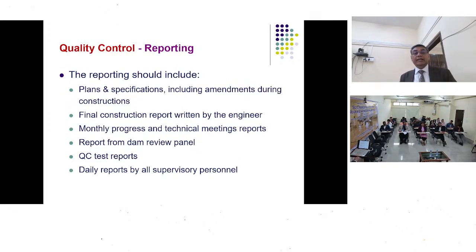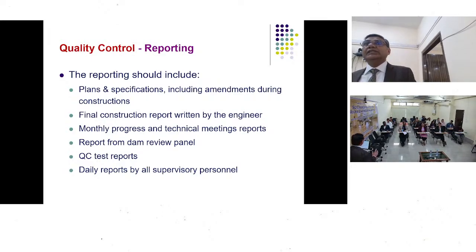Reporting should include plan specifications, including amendments during construction. This is also one of a major problem which occurs. One construction drawing is issued, then there are amendments. Now, because this amendment has been made at the last moment, so this drawing sometimes is missing in the records.